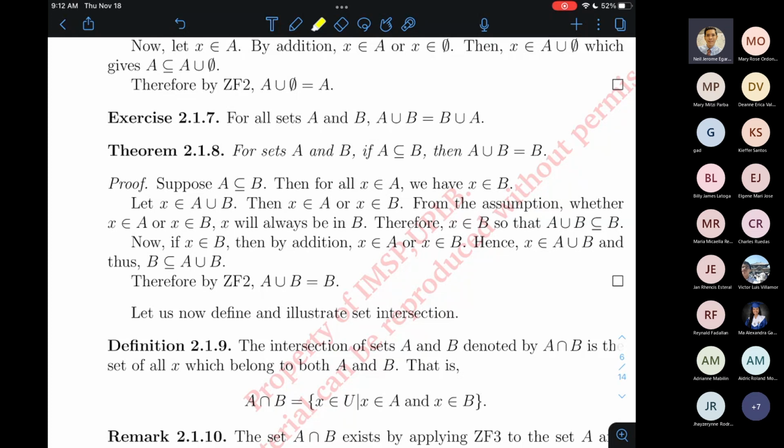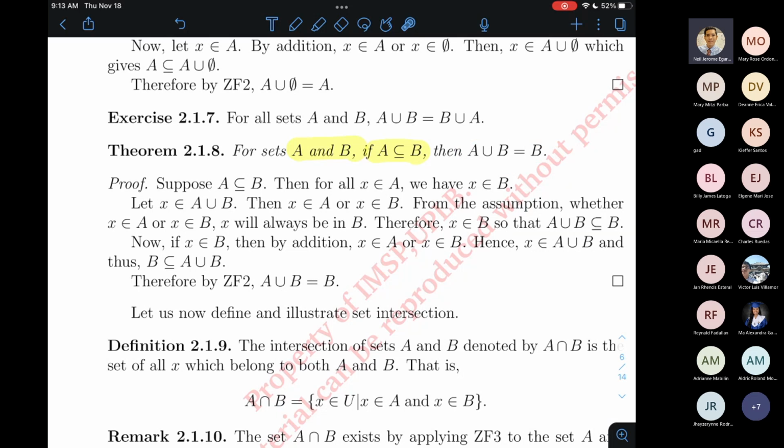It says that if we have two sets A and B, where A is a subset of B, then it follows that the union of A and B is the set B. Okay? So if we will write the proof here, gusto kong mag-prove ng equality ng dalawang sets.